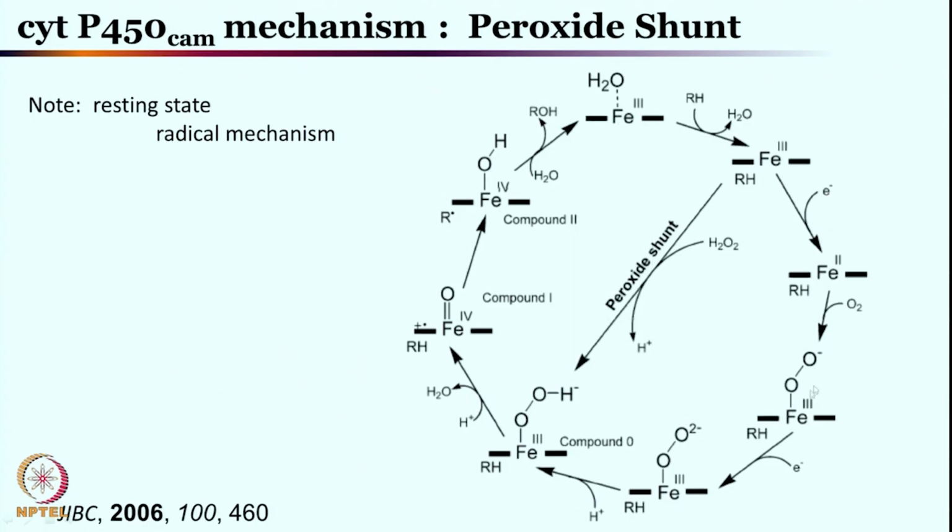So, the cytochrome P450 mechanism is exactly the circular one. The peroxide shunt, or the peroxidase mechanism, would be over here. This is the peroxidase mechanism. For the catalase mechanism, it is going to be from here to there and back there. So these three intermediates: iron(III), compound 0, although it is transient, and then compound 1 back to the iron(III) resting state.